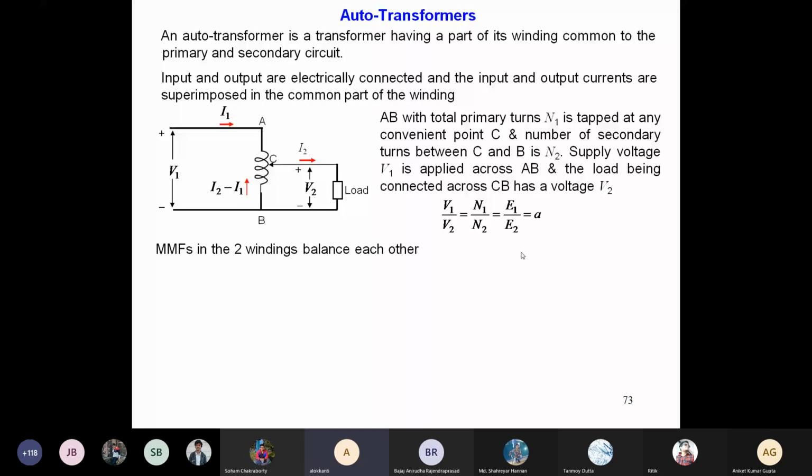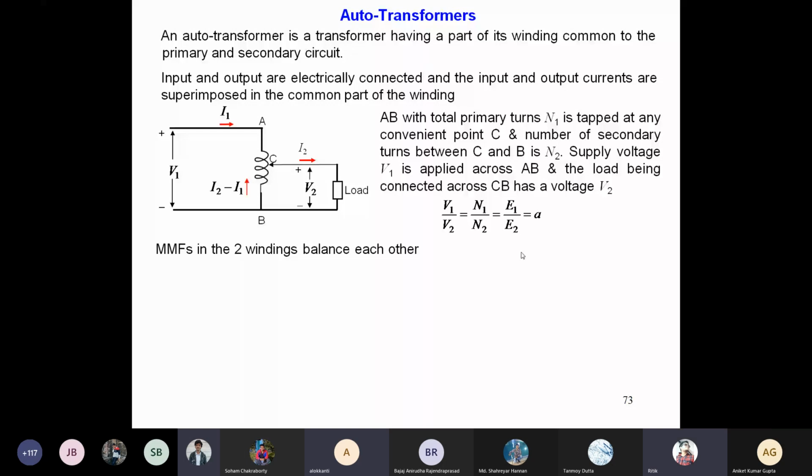What are the two windings? What is the first winding? The primary winding. Which one is the primary voltage? V1. AB is the primary winding. In the primary winding, how many turns? N1. What is the primary current?